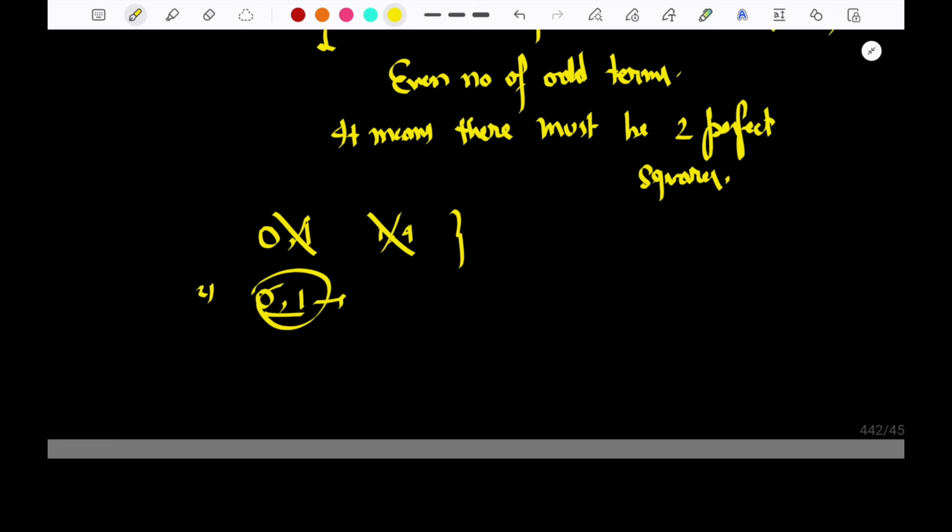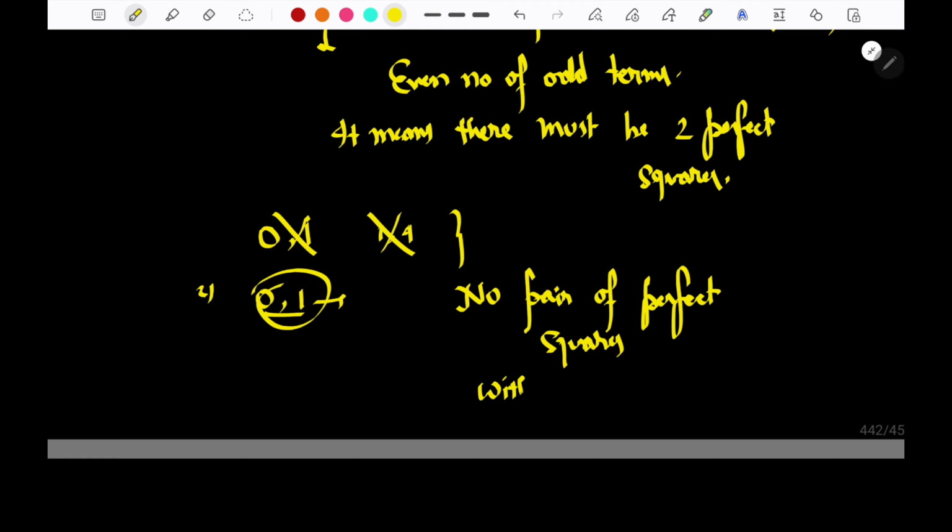But is it possible? Not possible, because we know no pair of perfect squares with a difference of 2 is possible.